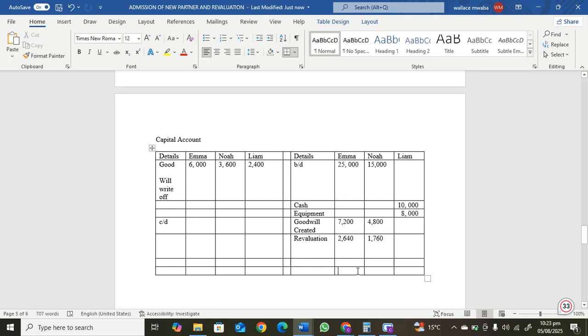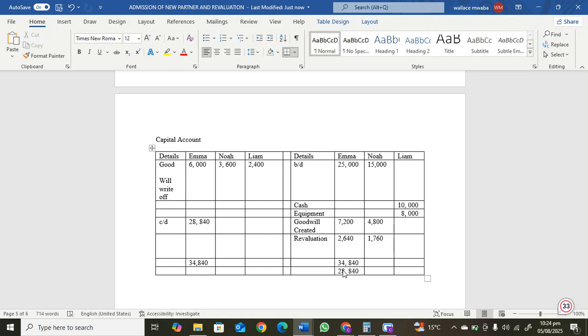What do we get? 34,840. So we're going to say 34,840 minus 6,000 to get our balance carried down. What do we get? 28,840.